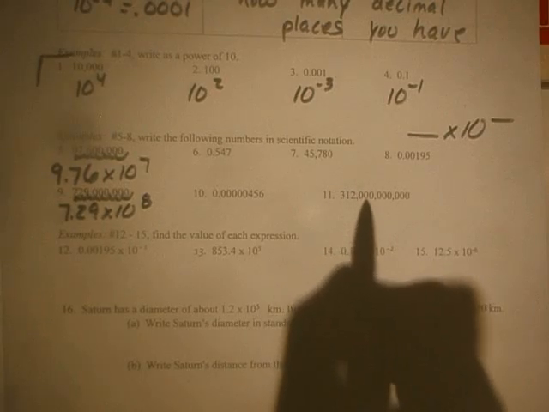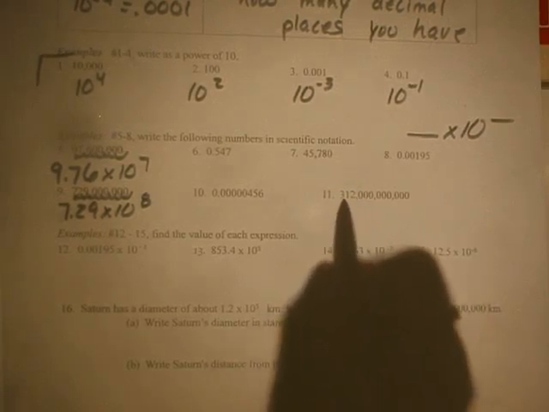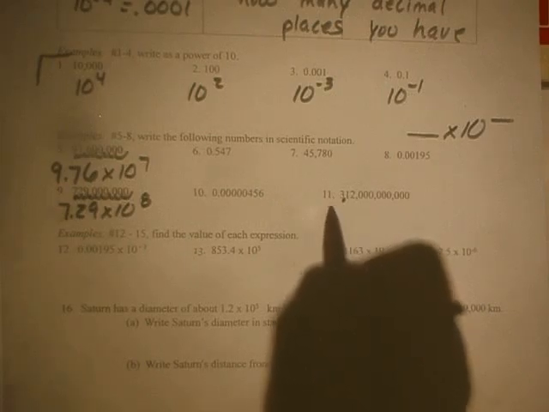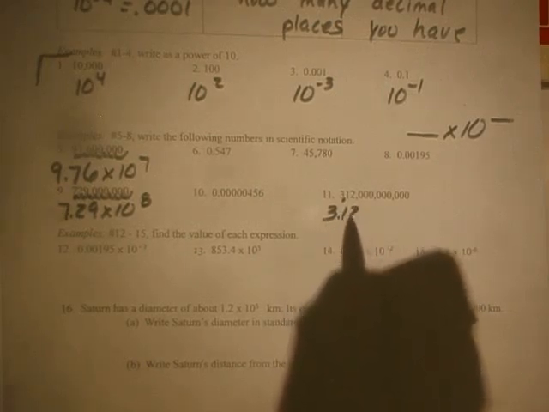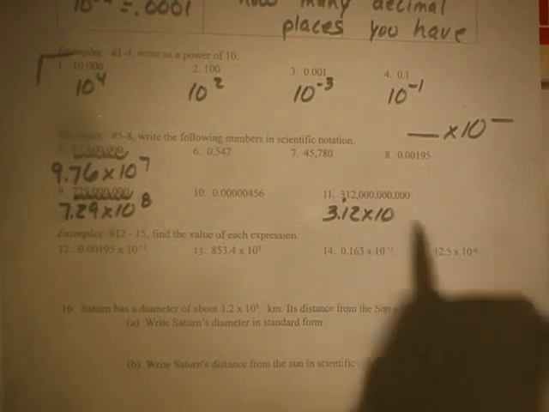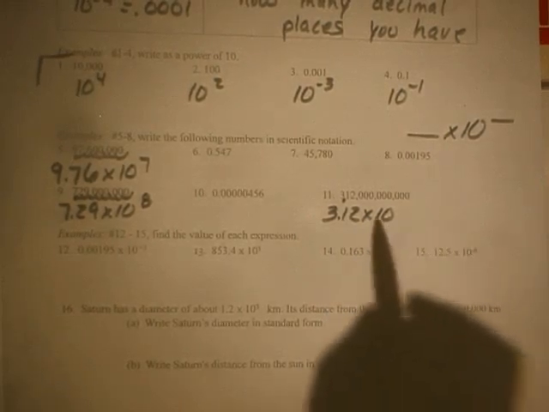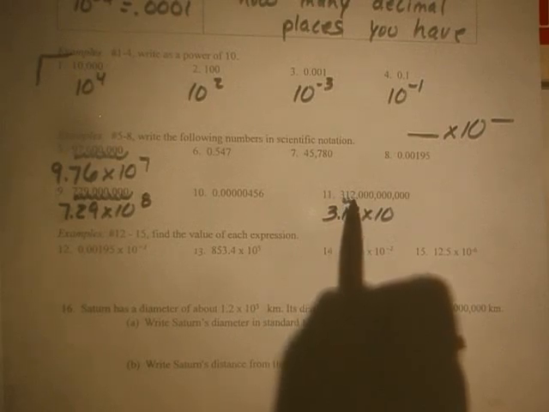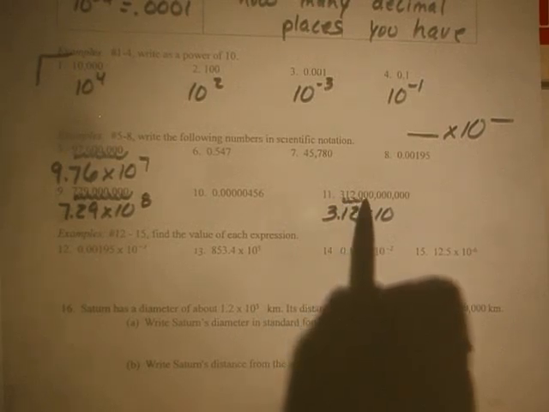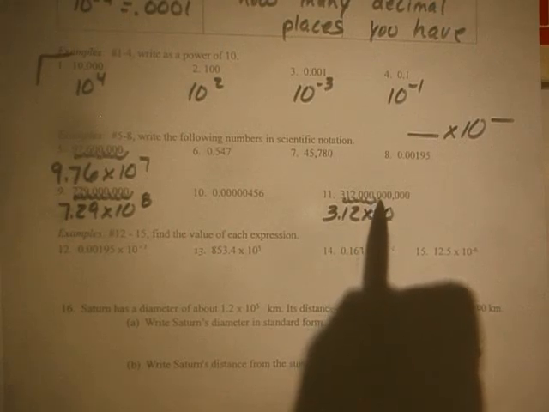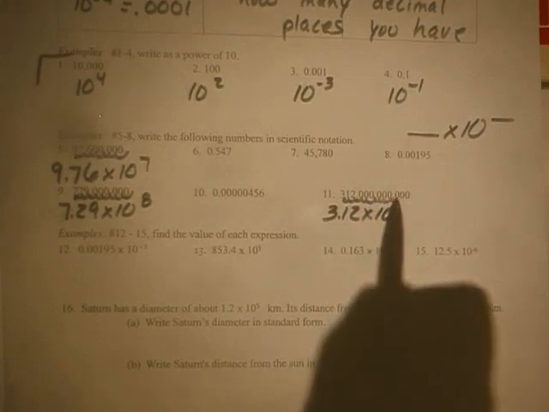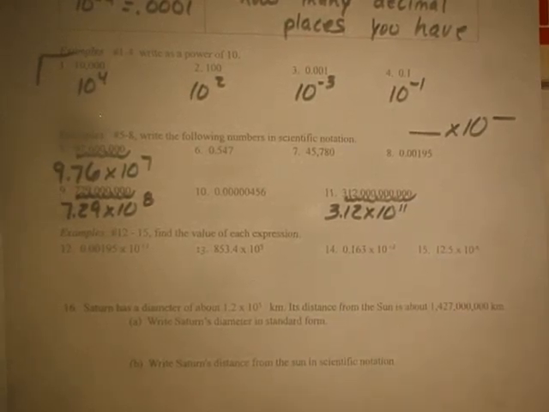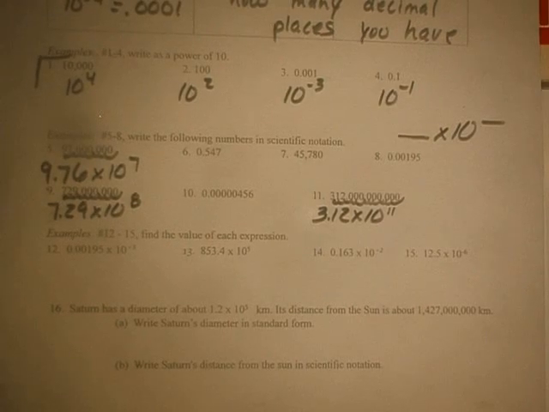We need to somehow make this number between 1 and 10, so we put our decimal point right there between the 3 and the 1. So we would have 3.12 times 10 to some power. We have to move our decimal point over 11 places. So that would be 3.12 times 10 to the 11th.